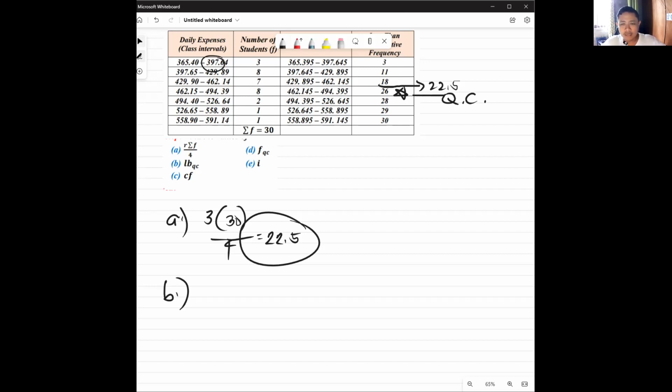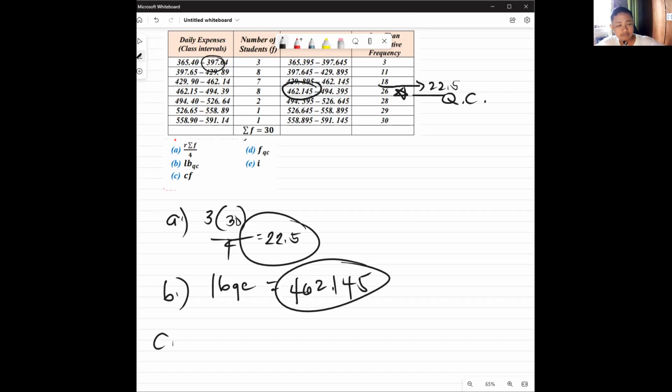So, for the lower bound of the quartile class, LBQC will be 462.145. Okay, and then letter C, your cumulative frequency. Again, your cumulative frequency will not be 26.